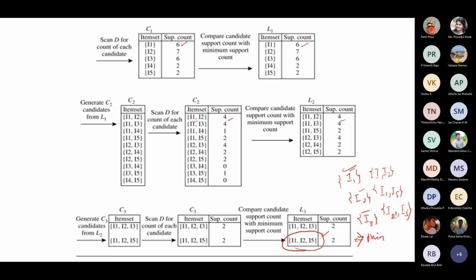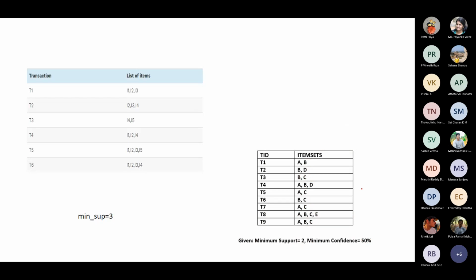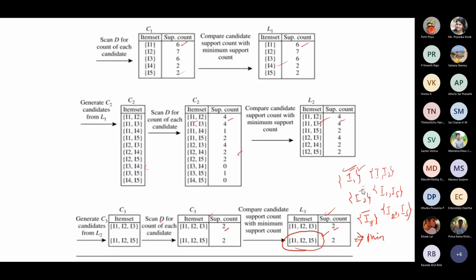Next, in L3, I1 support count is 2. It means the support count of each element should be equal to or greater than the minimum support, and these elements must be frequently appearing across all the steps.